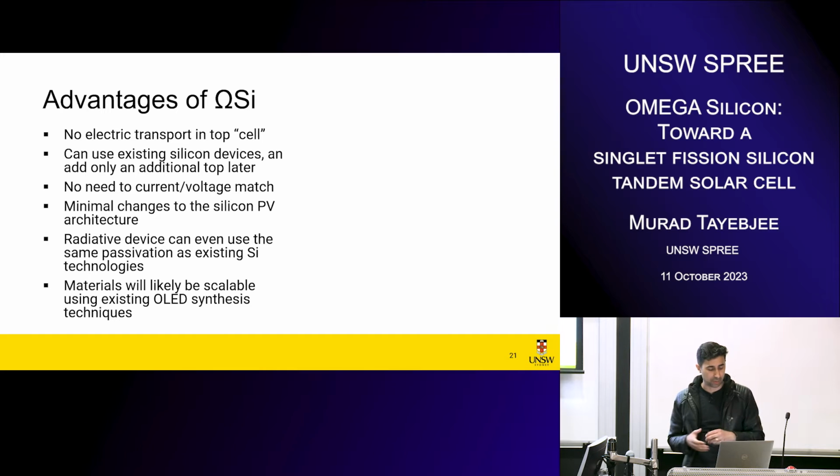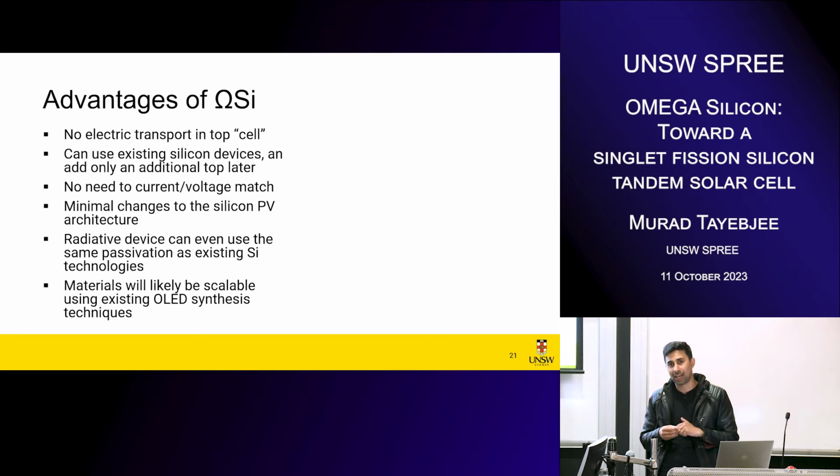And the nice thing is most of the materials that we're looking at, like silicon, as silicon progressed, we get to rely on a different industry for their synthesis, because the OLED industry is really gearing up, and so there is a whole lot of these organic optoelectronic materials being developed and synthesized on larger scales. So that's an exciting aspect of Omega Silicon as well.